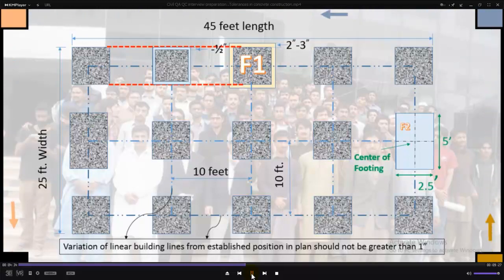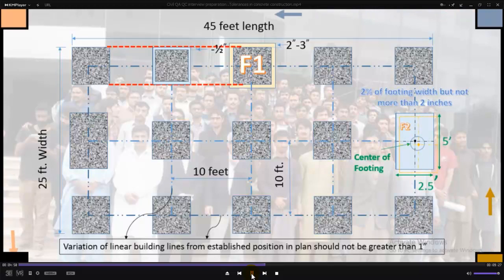ACI also sets some tolerances for the eccentricities of footings and columns, which states that you can only displace the center of a footing by 2% of the footing width in the direction of the displacement, but the total change in the eccentricities should not be greater than 2 inches.